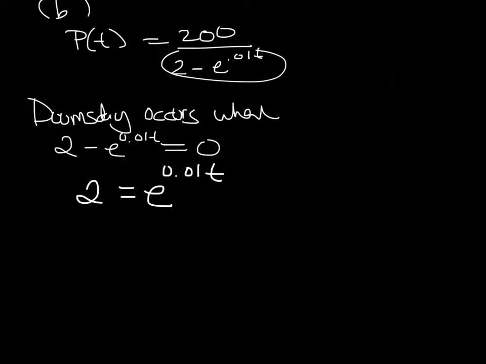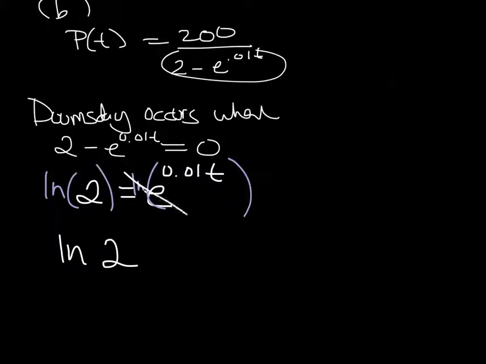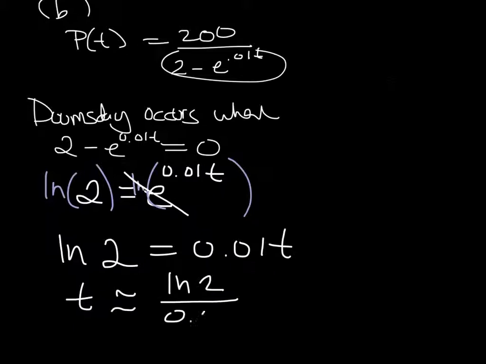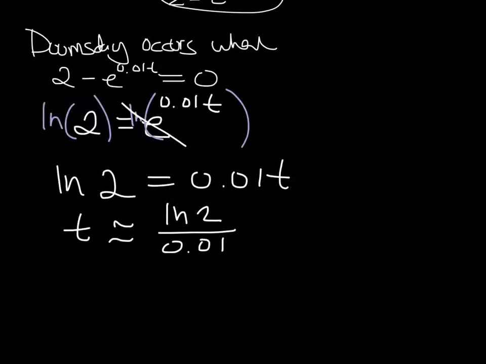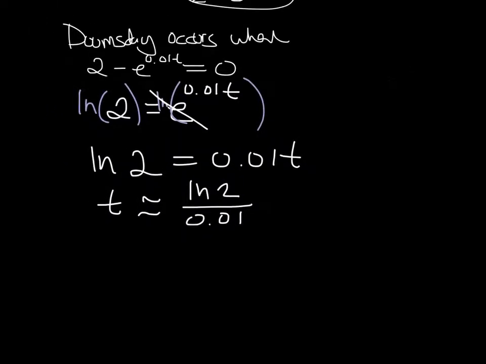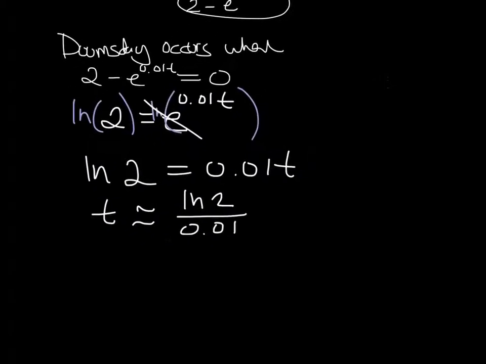I can take the natural log of both sides, and the reason I want to do that is because it's going to give me the identity, and I'm left with this. Therefore t is approximately the natural log of 2 divided by the delta that was given.